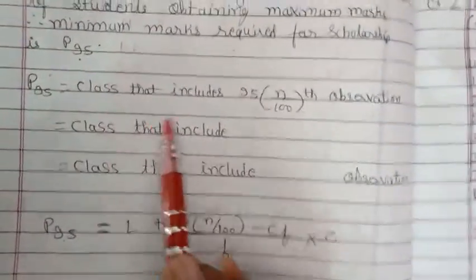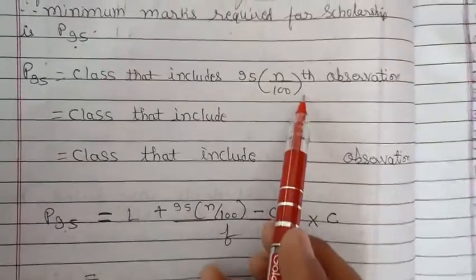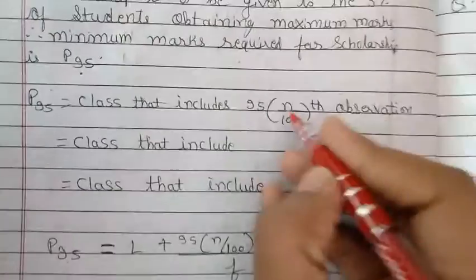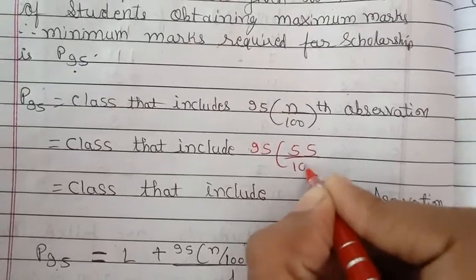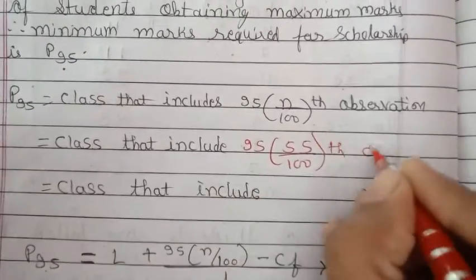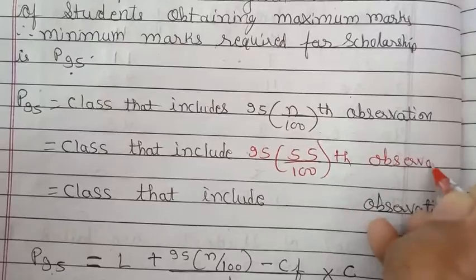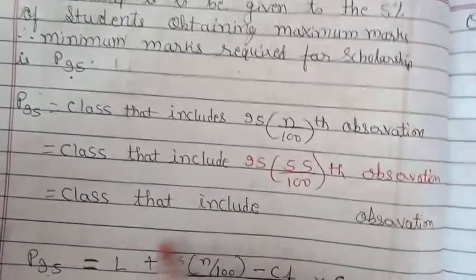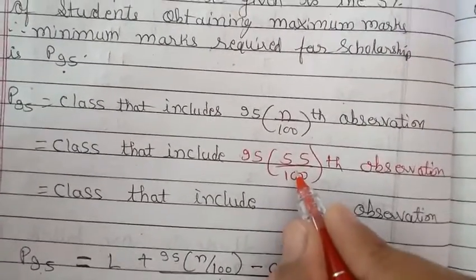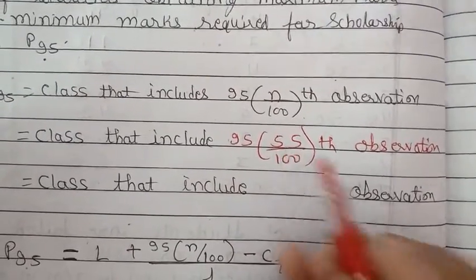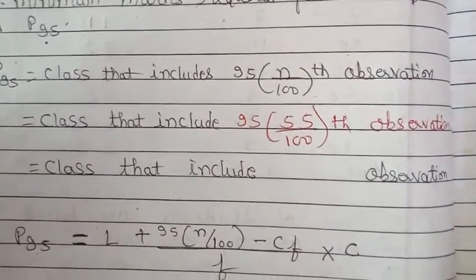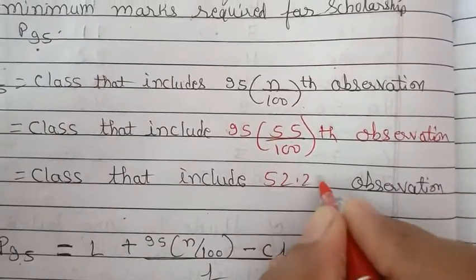Now P95 is the class that includes the 95n upon 100th observation. Our n is 55, so 55 upon 100th observation. 55 divided by 100 is 0.55, 95 into 0.55 gives you 52.25.